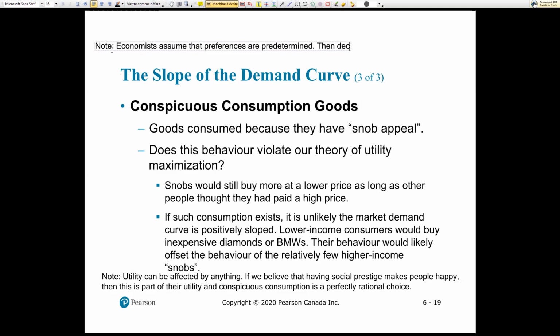Then decisions are made taking into account preferences, market prices, and budget. Then I would say consumption decisions, of course.